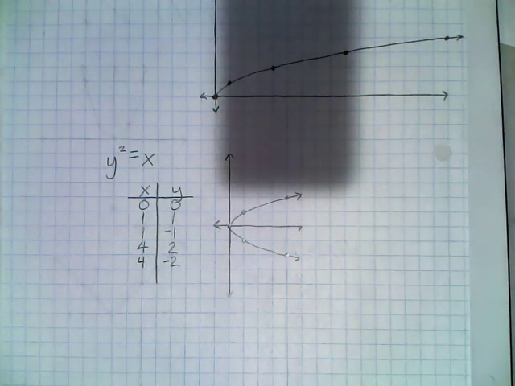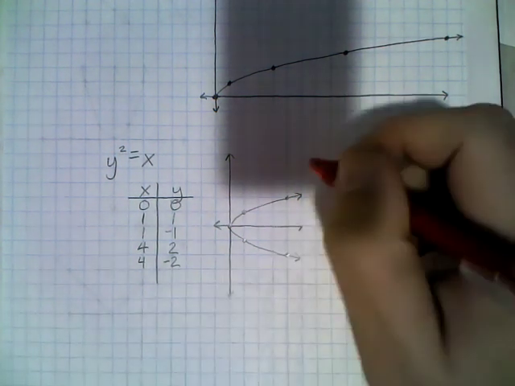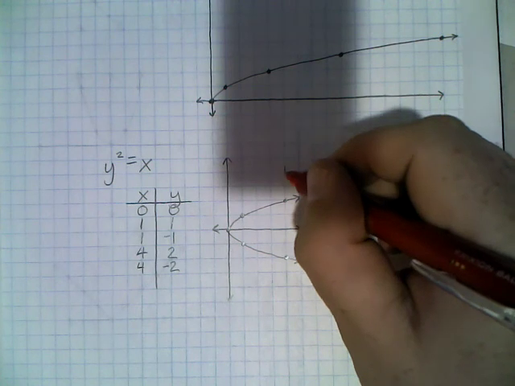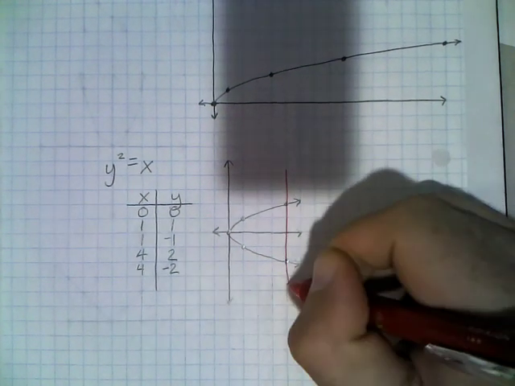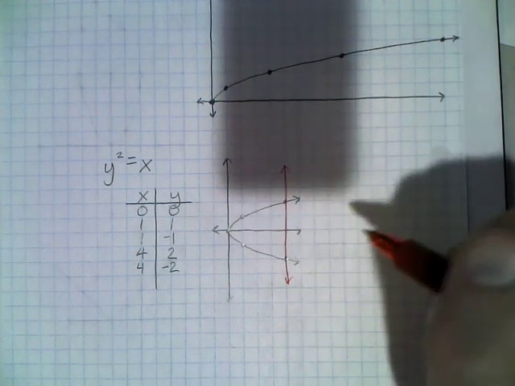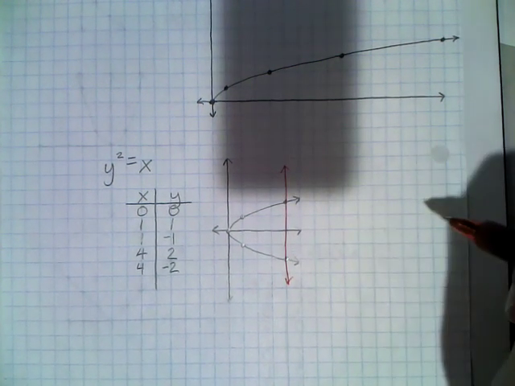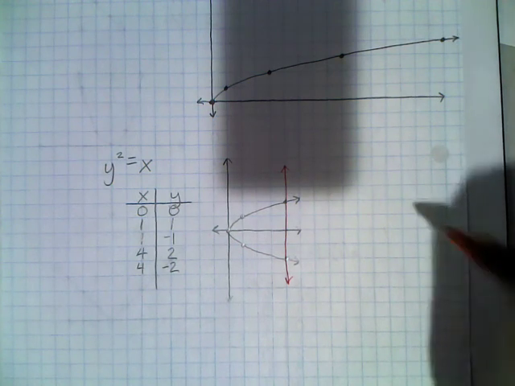Now the trouble with this is, unlike our other examples, this is not a function. Remember, ladies and gentlemen, when you have a graph, one of the easiest ways to tell if it's a function is, does it pass the vertical line test? So if I take a look, is there any place where I can stick a vertical line through the graph and it hits the graph more than once? Yes.